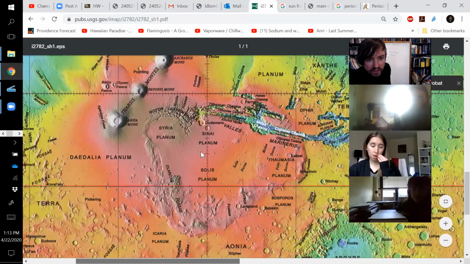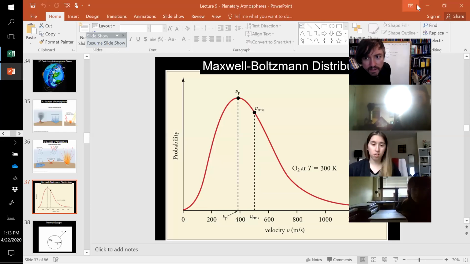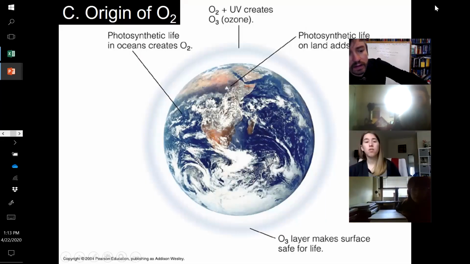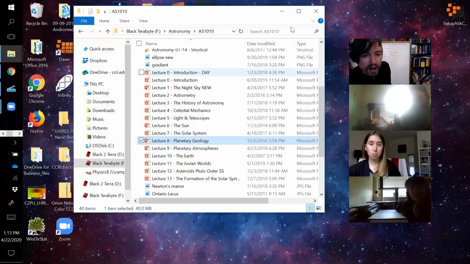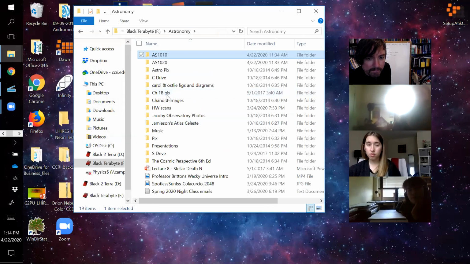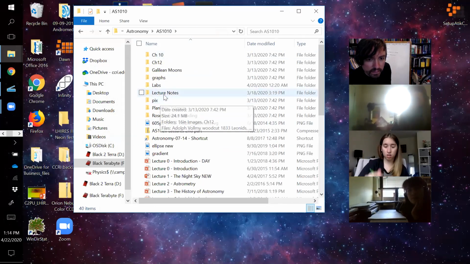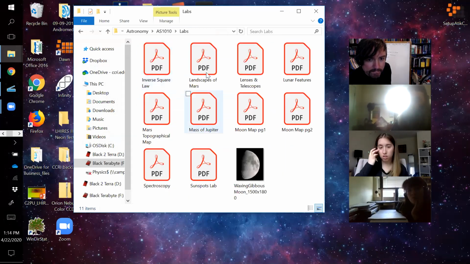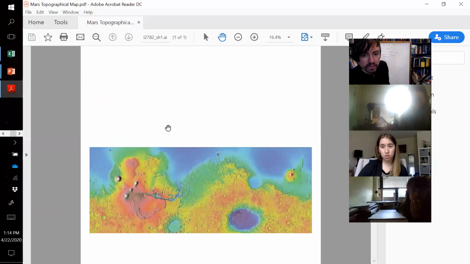What property of a planet is going to be affected by making it smaller? Would it be plate tectonics?